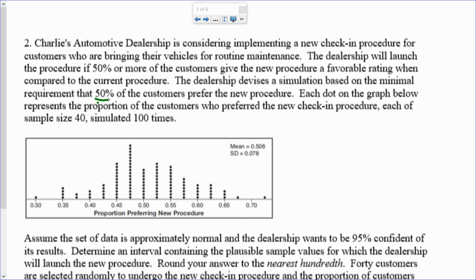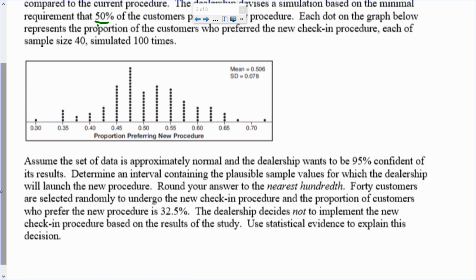Each dot in the graph below represents the proportion of the customers who prefer the new check-in procedure, each of sample size 40, simulated 100 times. Assuming the set of data is approximately normal and the dealer wants to be 95% confident of its results, determine an interval containing the plausible sample values for which the dealership will launch the procedure. It's asking for the confidence interval.